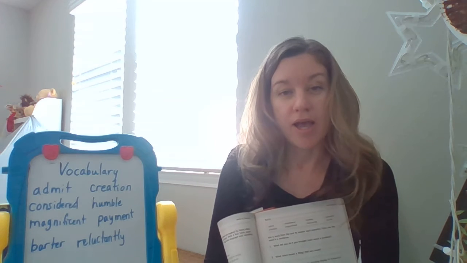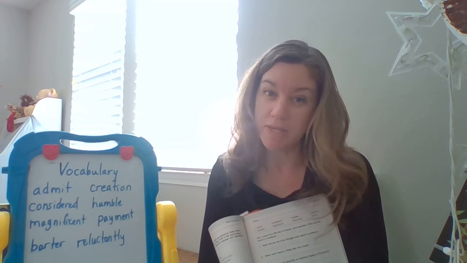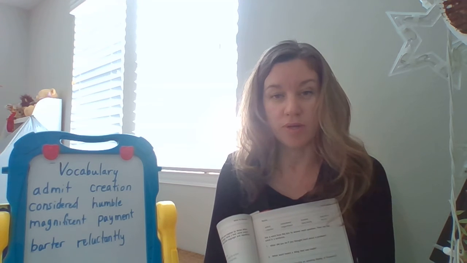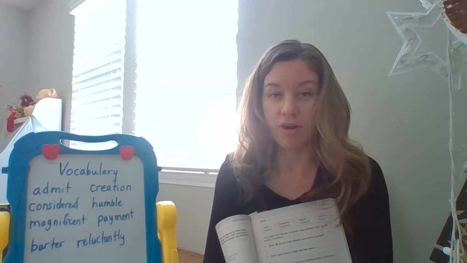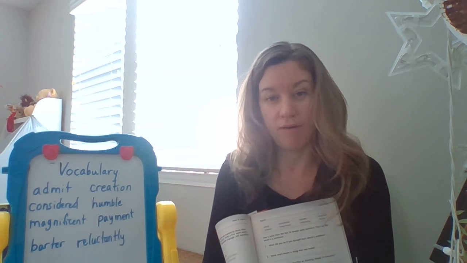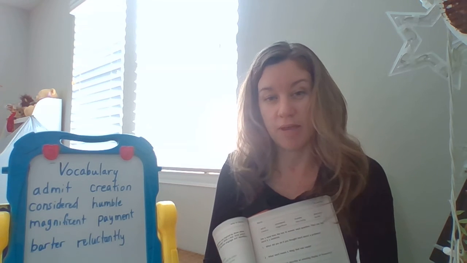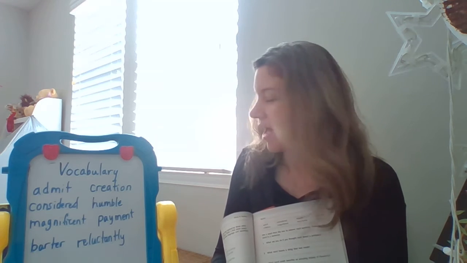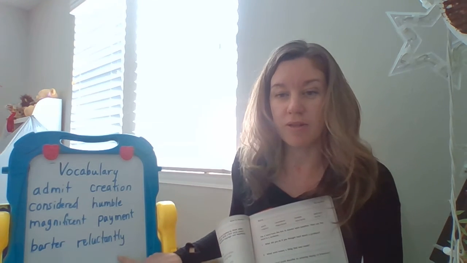To barter, that is a word we talked about, could be used in your Shumash stories. To barter means to trade, to exchange one thing for another, usually with some amount of negotiation to make sure that both sides get the deal that they want. So that's barter. And then reluctantly, this is our lone adverb.